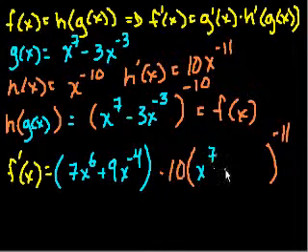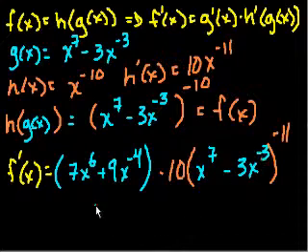X to the 7th minus 3x to the minus 3. And there's our answer. F prime of x is the derivative of kind of the inner function, g of x, times the derivative of the outer function, but instead of it just being applied to x, it would be applied to the entire g of x, right? Instead of an x being here.